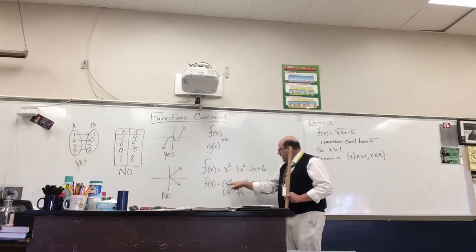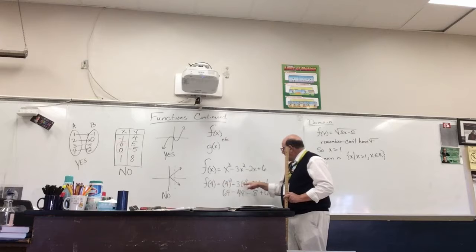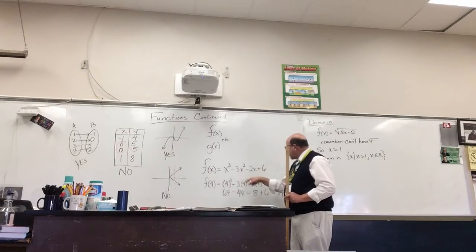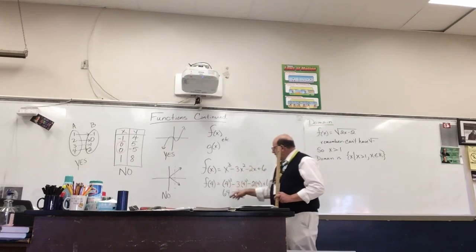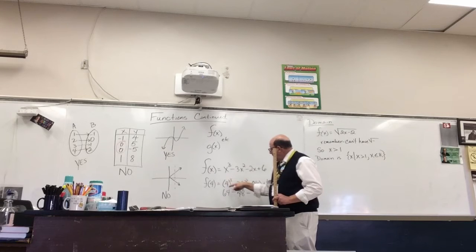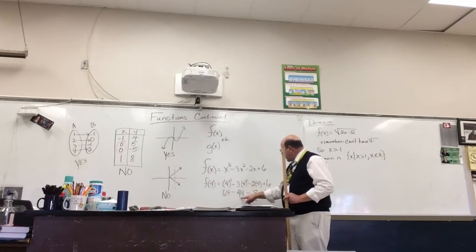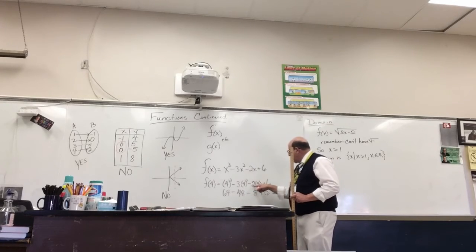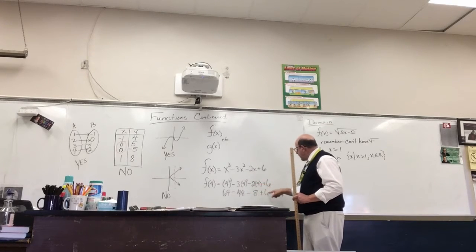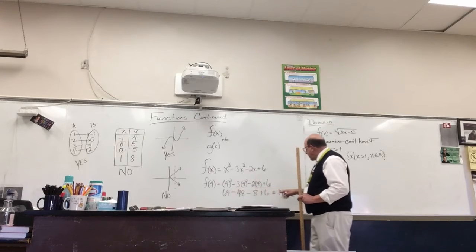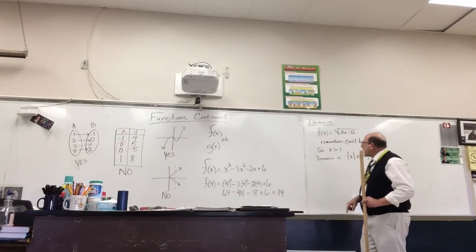And what we do is we substitute 4 every time we see an x, right? Okay? And then we just perform the operation. 4 cubed is 64. 3 times 4 squared is 48. And then 2 times 4 is 8. And we just bring the 6 down. If we do all this math, we get 14.